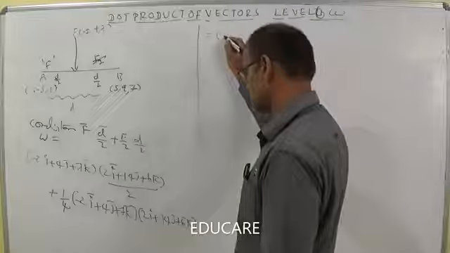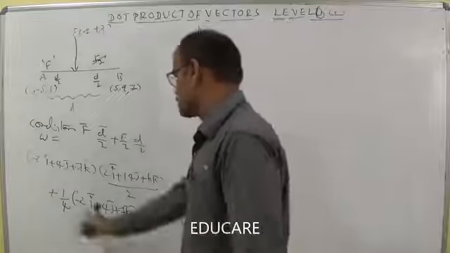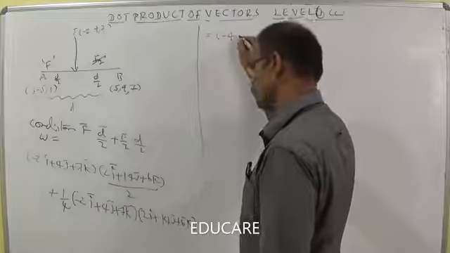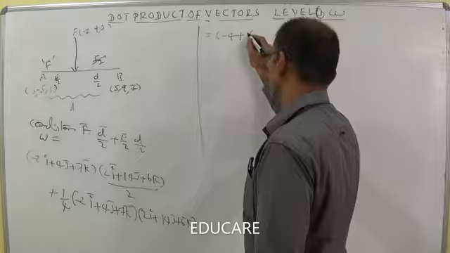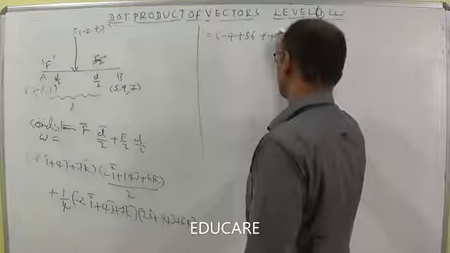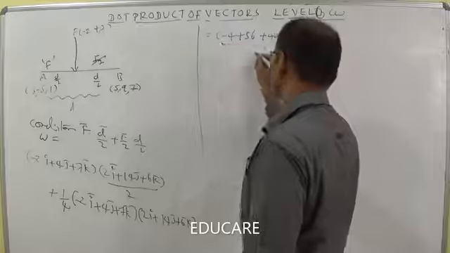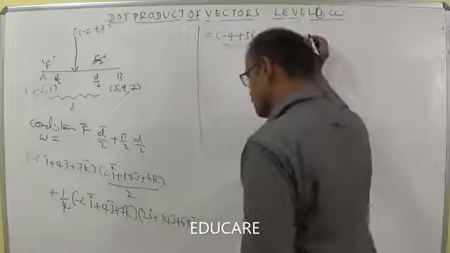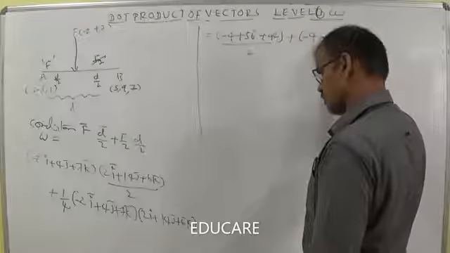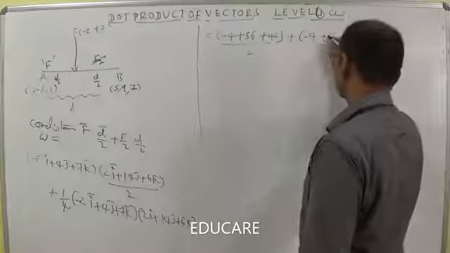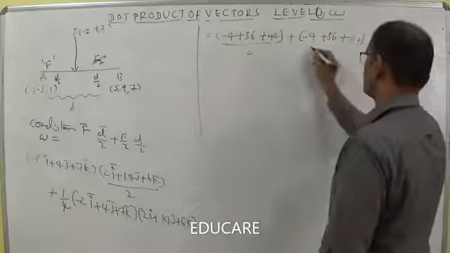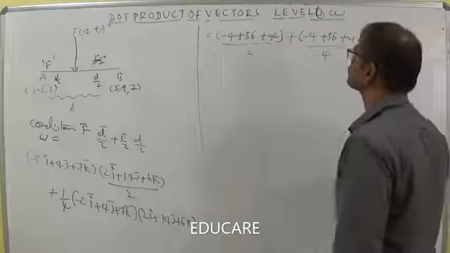That is equal to, let us complete the dot product: -4 plus 14, 4s are 56, plus 6, 7s are 42, whole by 2. Next -2 into -2, -4 plus 14, 4s are 56, same concept, plus 6, 7s are 42, whole by 4.